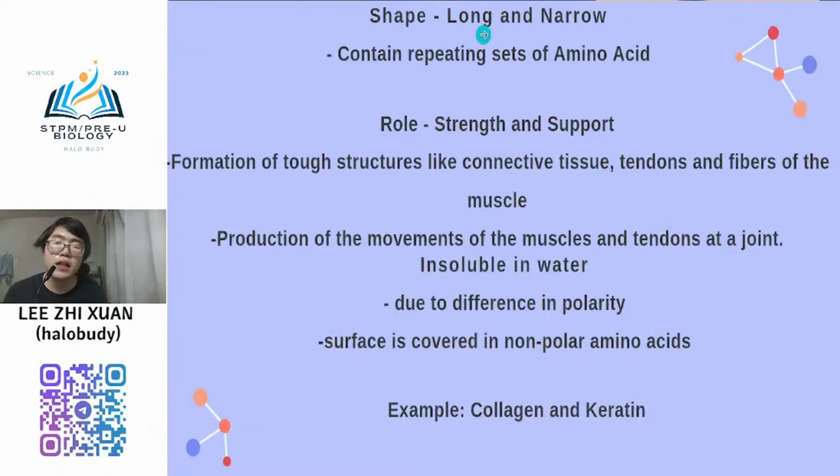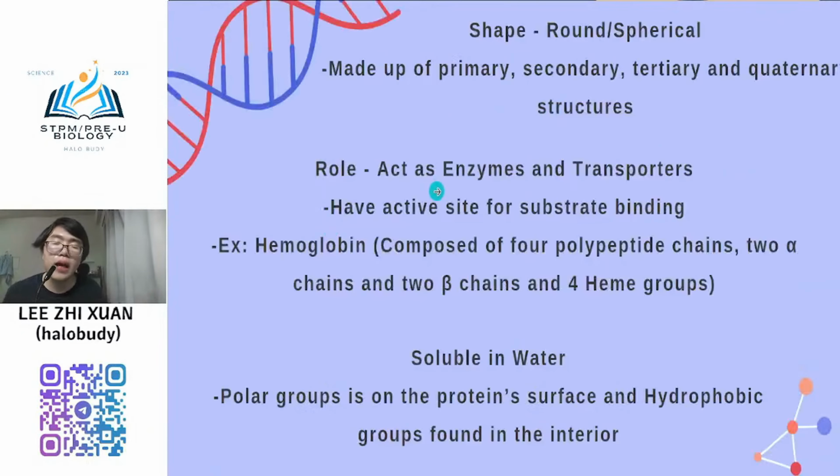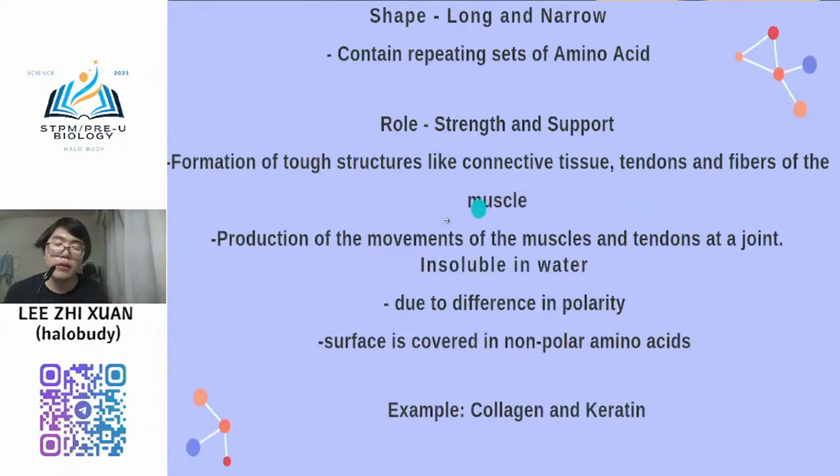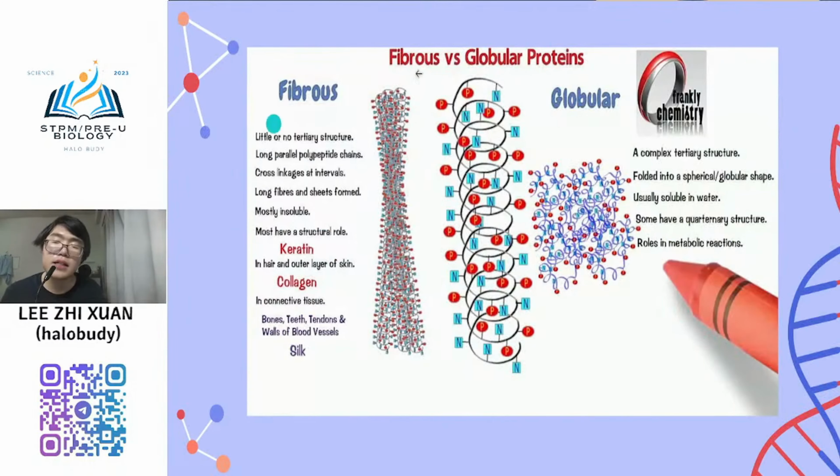Fibrous protein is long and narrow, normally a repeating set of amino acids. Its role is strength and support. Just now, globular protein's role is as enzyme and transport. Fibrous protein's role is strength and support and also movement, and its surface is covered in non-polar amino acids. So this is the difference between fibrous and globular protein.